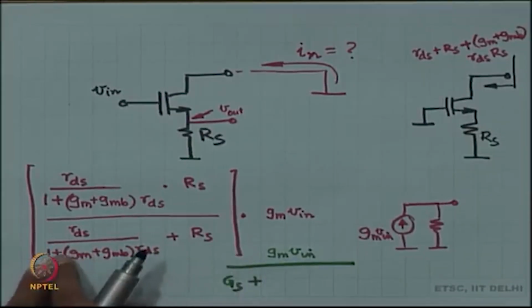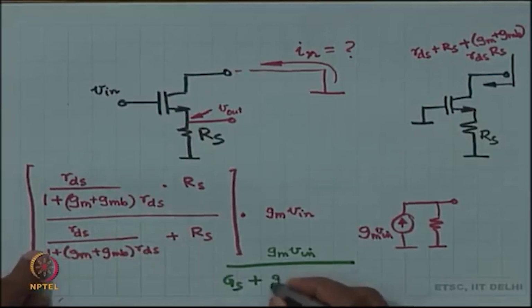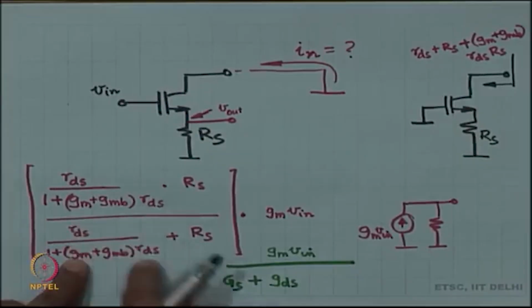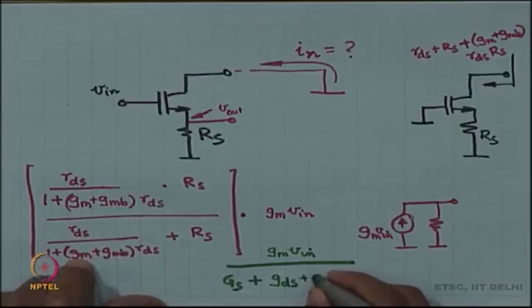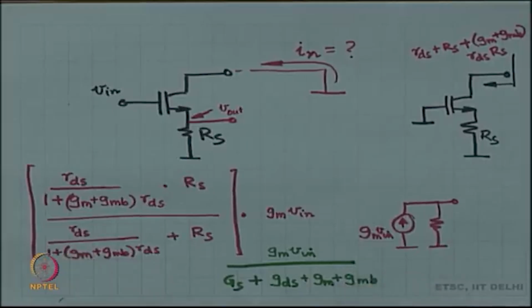This conductance is 1 by what I have written here. So, it is 1 by RDS plus GM plus GMB, RDS by RDS. You see, it is a lot simpler if you work with conductances. So, that was the voltage over there.